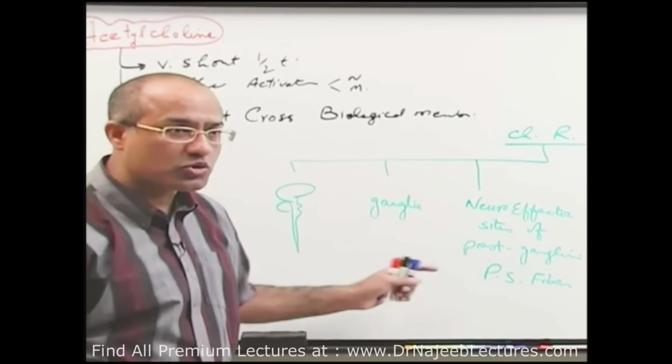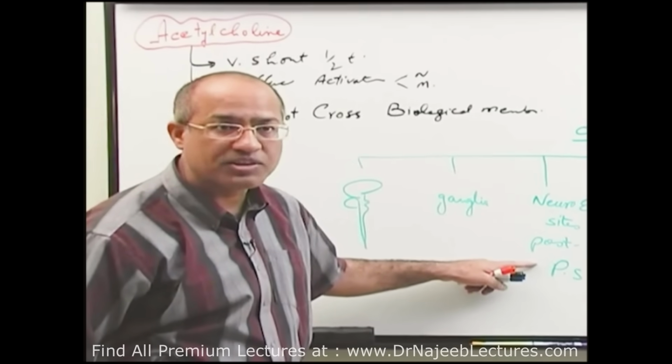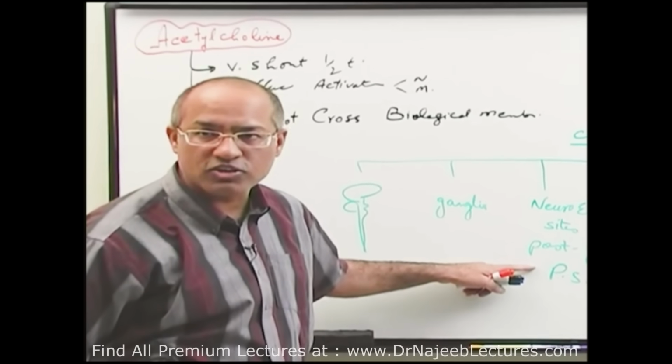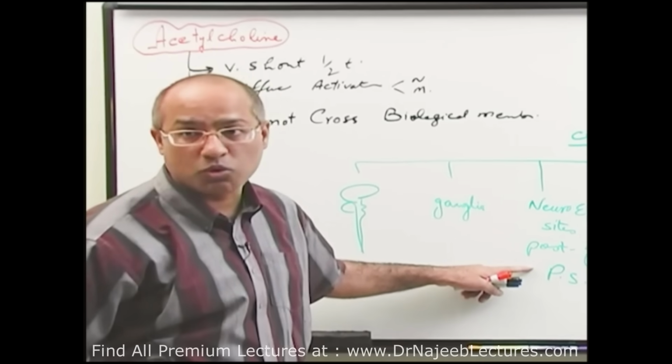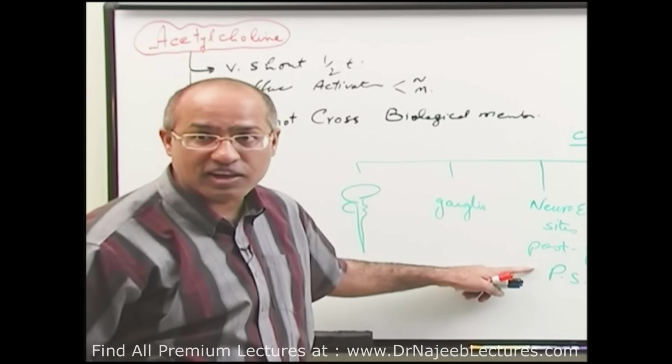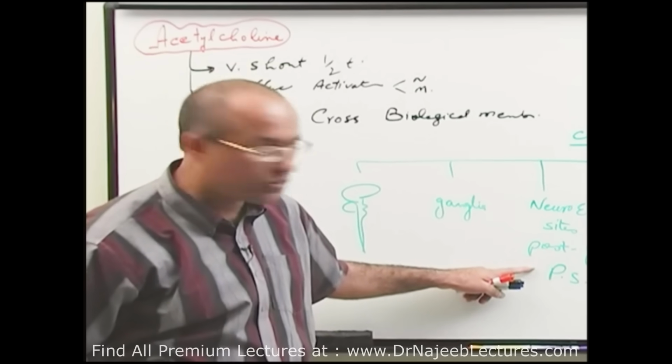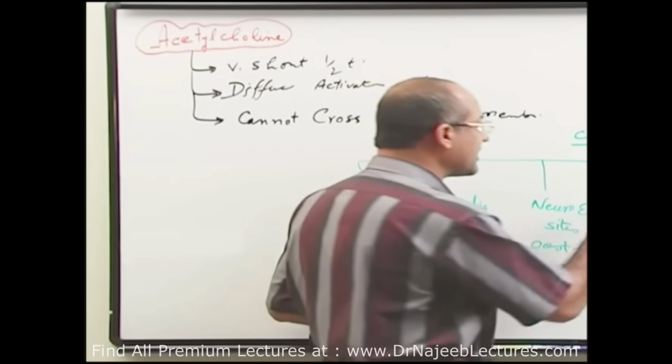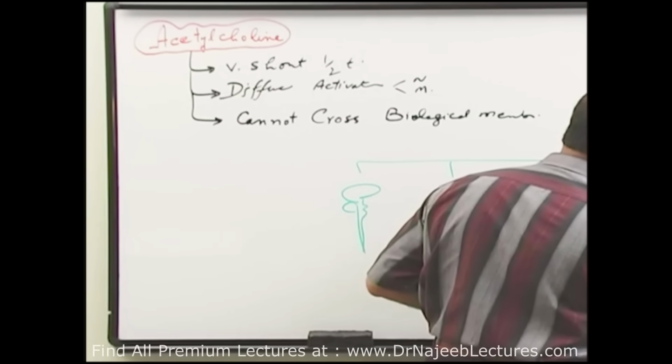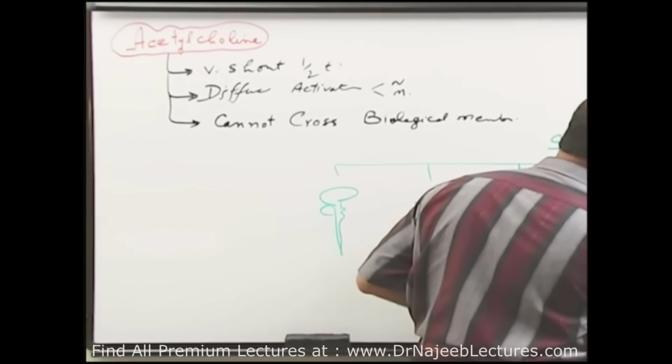So all the tissues where parasympathetic postganglionic fibers go have muscarinic cholinergic receptors. All those tissues will be stimulated. Do you think it's a limited action or very diffuse? It's very diffuse. And in the end, don't forget, cholinergic receptors are also present at neuromuscular junctions.